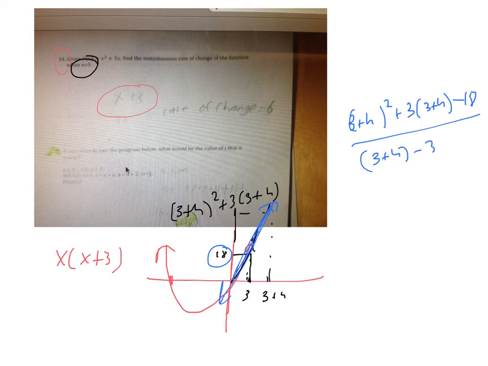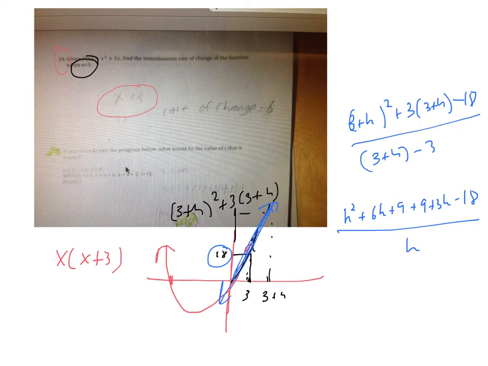And if we expand it and then simplify, we get h squared plus 6h plus 9, plus 9 plus 3h minus 18, all over h.